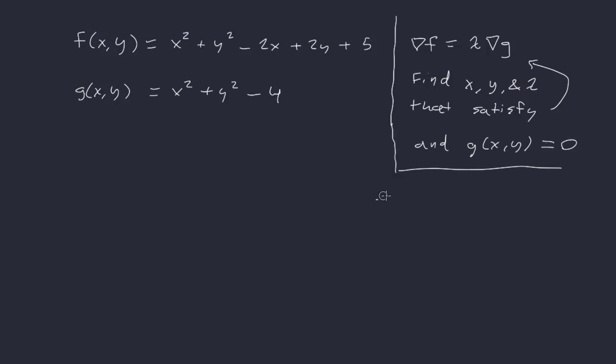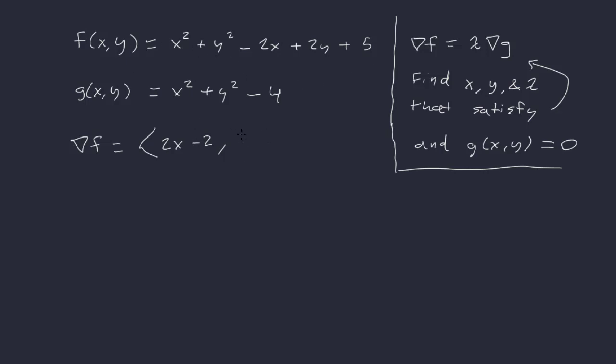Okay, so let's take a look at how this would go. First of all, of course, we need to find the gradients. The gradient of f, well, in the first component will be the x derivative, so that will be 2x minus 2.